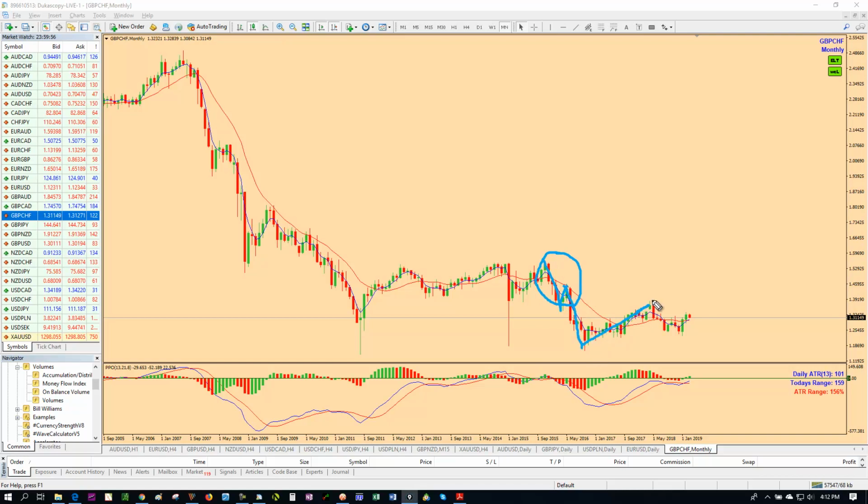This would be the end of that fourth wave, and then we're going into a fifth wave. But at this point, we have to do a 1, 2, just like we did here, in order for us to get a drop. So I'm looking at a 1, 2, and then we'll be looking for a drop. Something like that. Okay, so that's the overall picture on the higher time frame.